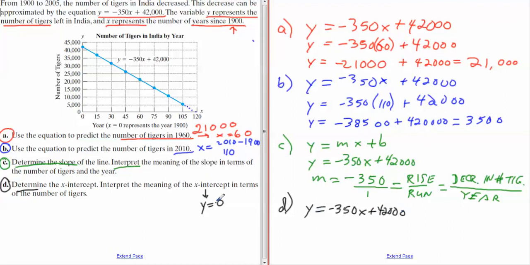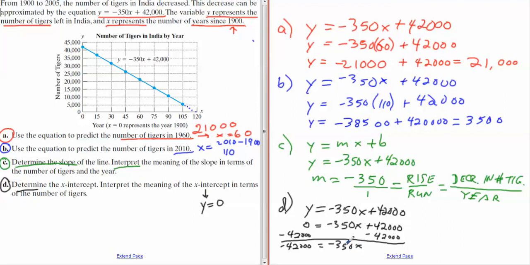When y equals 0, we're going to find that x-intercept. So 0 equals negative 350x plus 42,000, and we subtract 42,000, and we get negative 42,000 equals negative 350x.